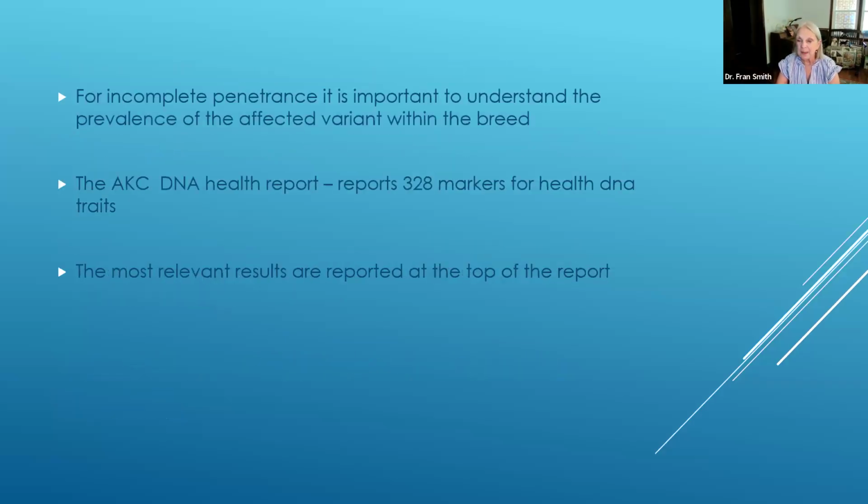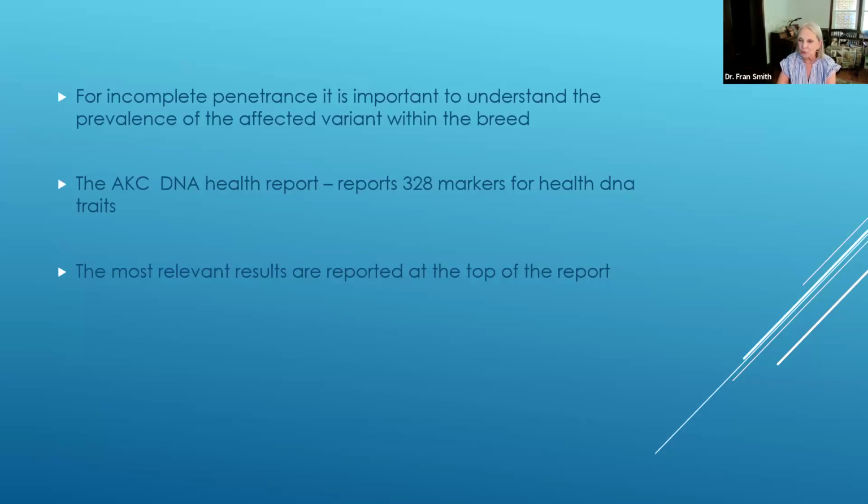For incomplete penetrance, it's important to understand the prevalence of the affected variant within the breed. And again, I'm going to go back to my knowledge of sporting dogs. In the Chesapeake Bay Retriever, a huge percentage of the dogs have multiple copies of the gene for DM. But yet realistically, what does that really mean to the dog?